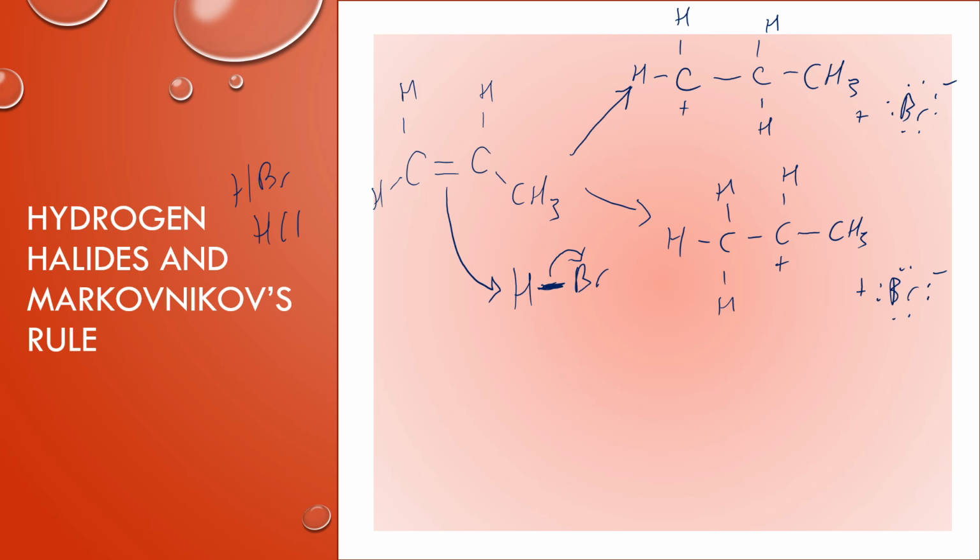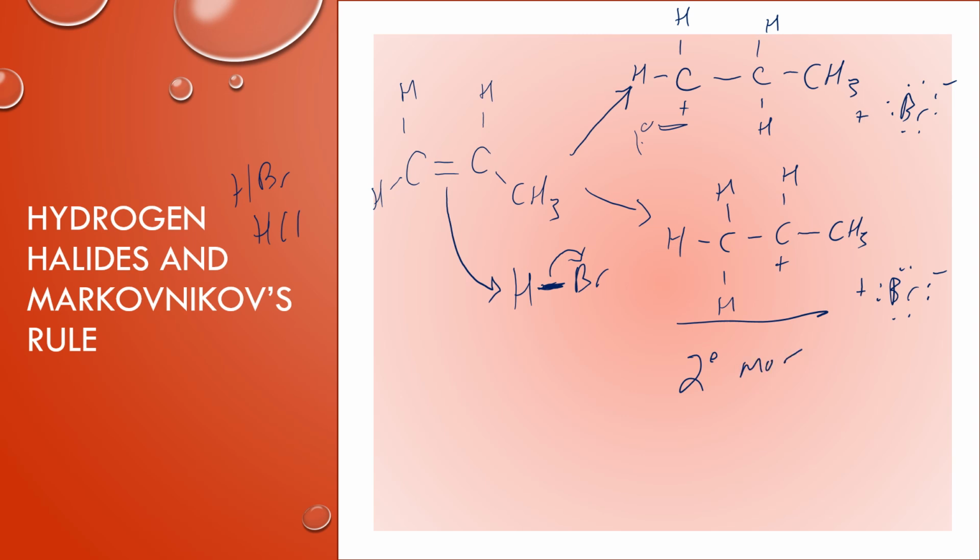And the reason for that is whatever carbocation intermediate is more stable is the more likely reaction mechanism. So if you have a secondary carbocation, that is much more stable than a primary carbocation like this one.